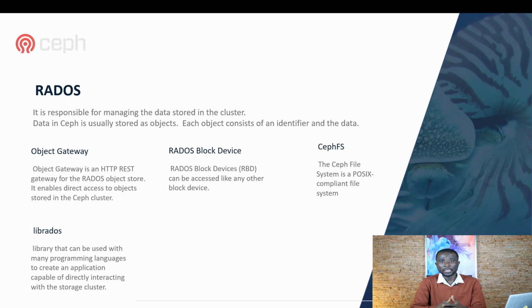Another way by which you can have access to RADOS is LibRados. LibRados is simply a library that any application can embed in order to be able to reach a Ceph cluster to retrieve or store data.